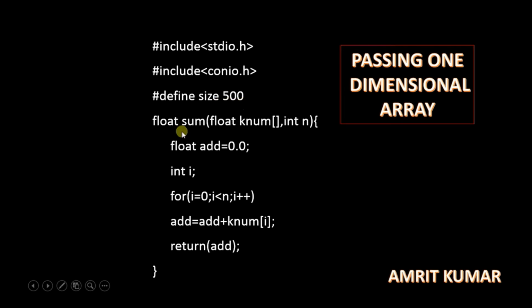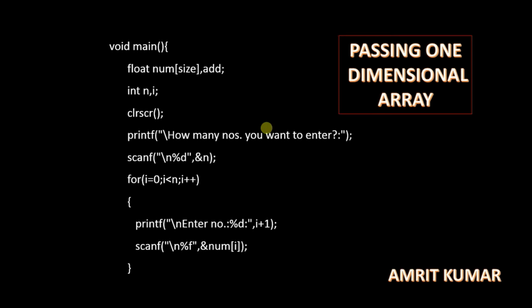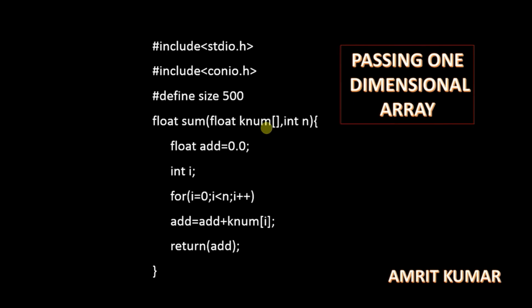Now after that I have used a function which is passing an array. Here you can see knum is an array which is of float data type, and n is a variable of integer data type.